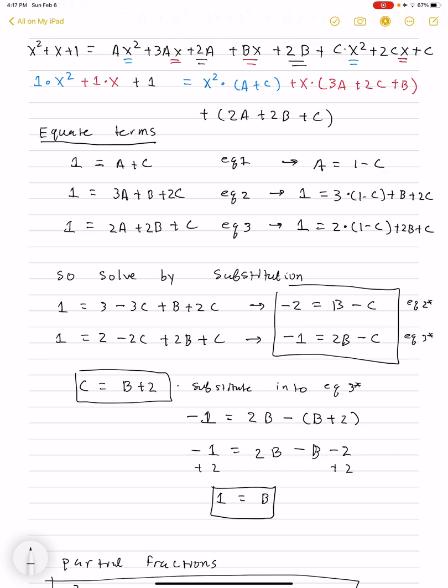So one solution is b is equal to 1. So we now know one of the constants. Since c is equal to b plus 2, 1 plus 2 is equal to c. That gives us 3.